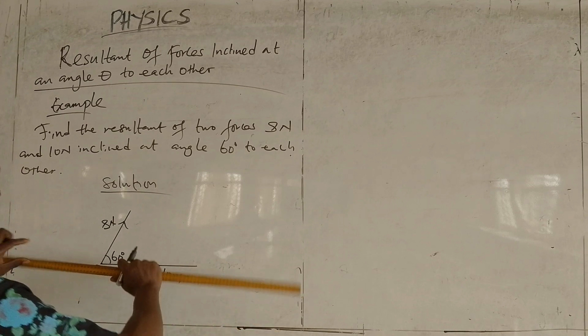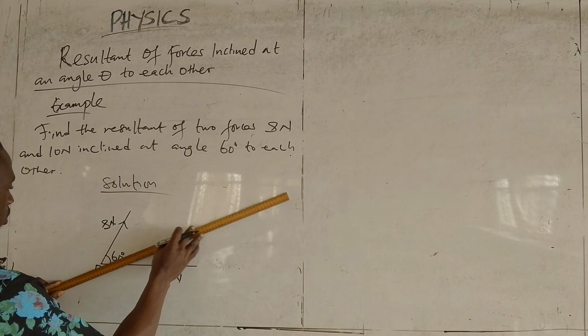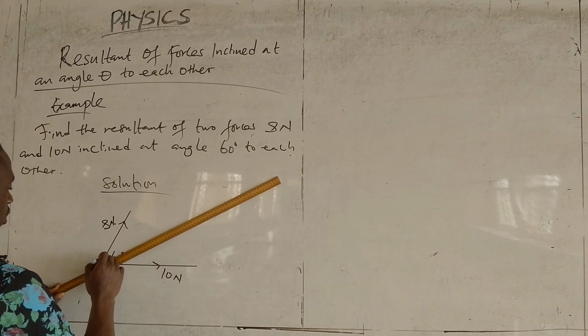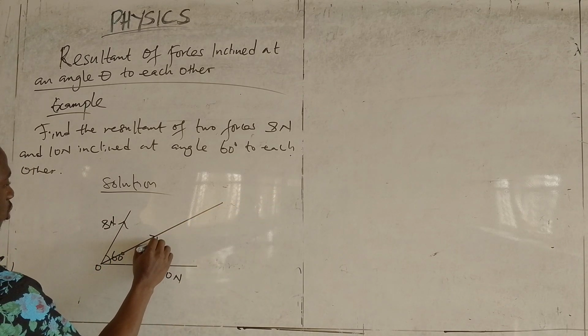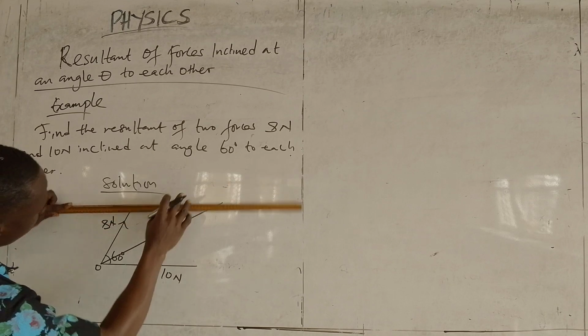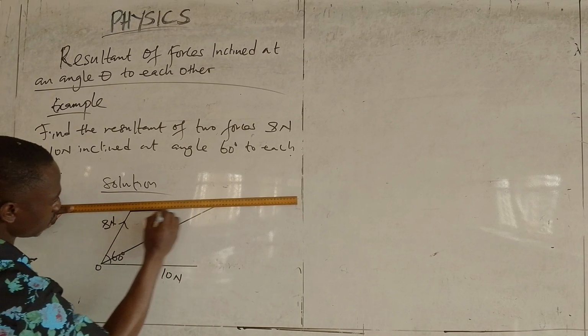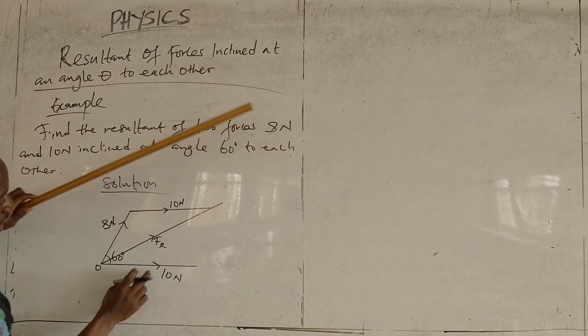Then what happens? You draw your resultant. Let it pass through the point of intersection, directly in between them. Can you see? Then you use an arrow to show your resultant, and this is FR. Then you complete the parallelogram. Draw a parallel line to this one from here. So this also is 10 Newton in the same direction with this 10 Newton here.